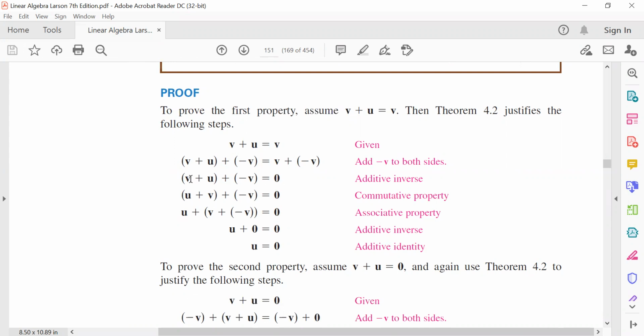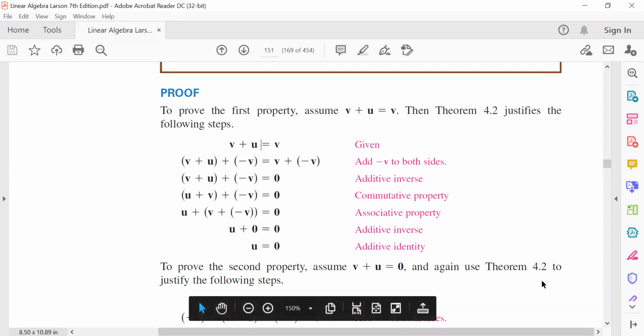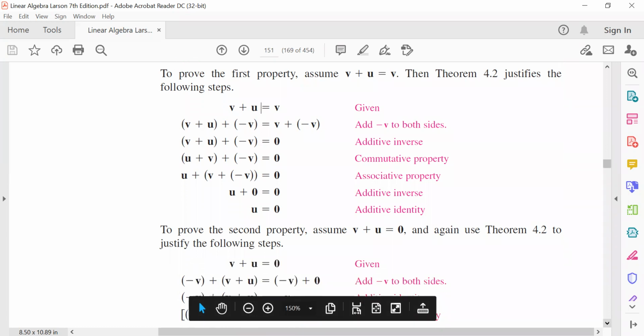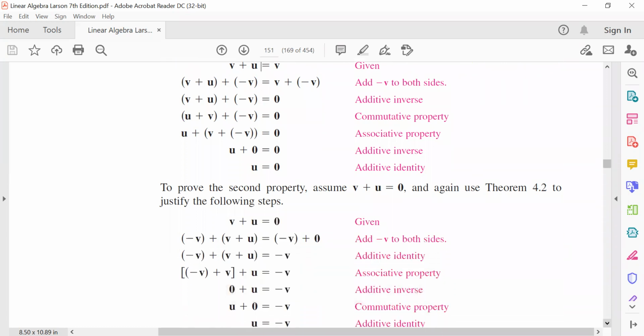And here I'm going to use commutative, switching V plus U to U plus V. And now I'm going to use associative, where the parentheses switch, and V plus negative V is just 0. So U plus 0 equals 0, but U plus 0 we know is U. It's a proof. This is really a proof that 0 is unique.